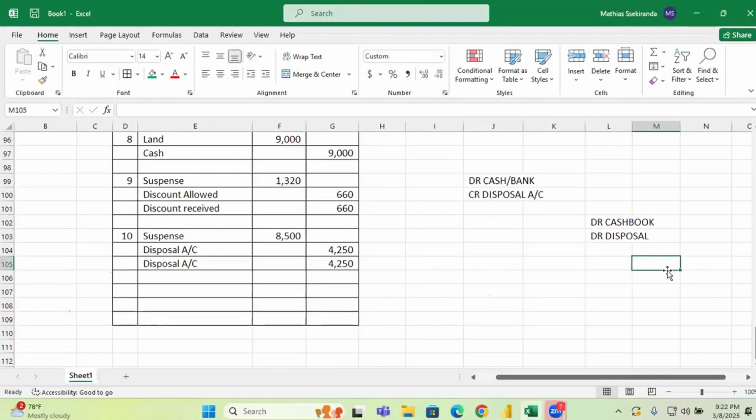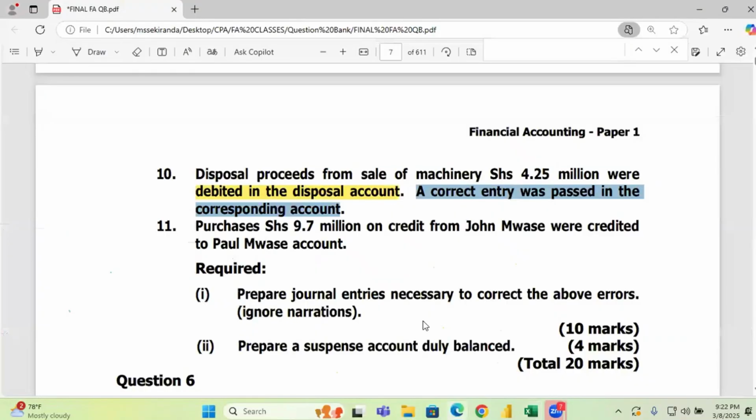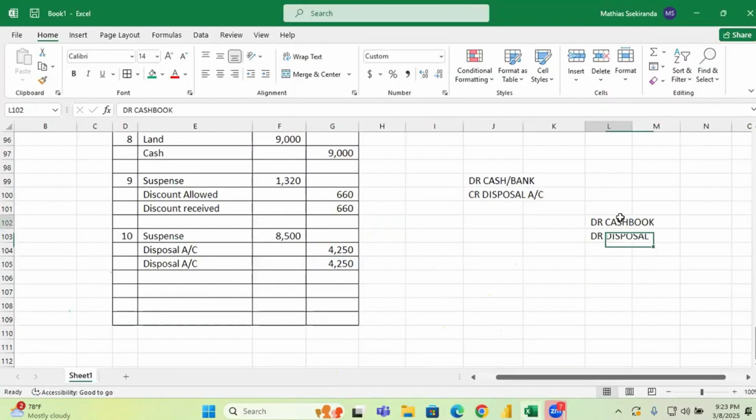So they didn't have any credit because the examiner said the disposal proceeds from the sale of machinery were debited in the disposal account. Okay, it means they debited disposal, but they go ahead and tell you the correct entry was passed, and the correct entry in the corresponding entry, it is the cash book. It means they also debited the cash book. Okay, it means they didn't credit the disposal account.